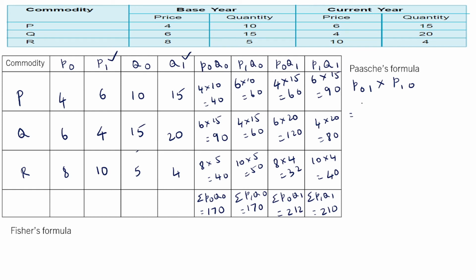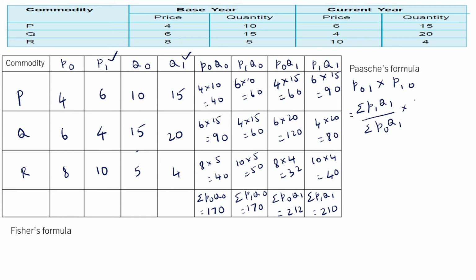So it is equal to summation P1 Q1 upon summation P0 Q1 into, here we have P10. Now this is the index for the base year using current year as the base year.